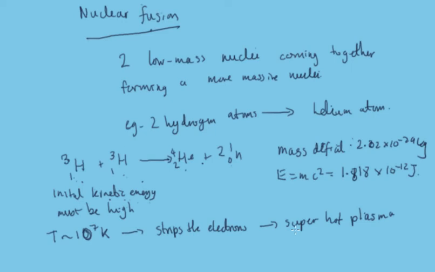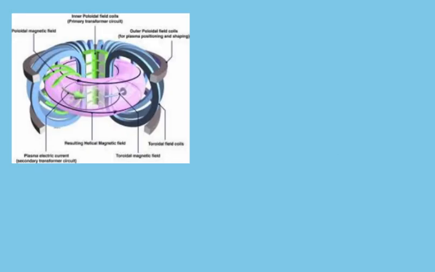The temperatures are so massive that they would melt or evaporate the material that the holding vessel was actually made of. So this is a huge problem, and it's been overcome by creating something like this. You've got this vacuum vessel, this blue bit here. In here you've got the plasma that goes round and round, and we use a massive magnetic field, and this magnetic field can control and contain the plasma in this ring.